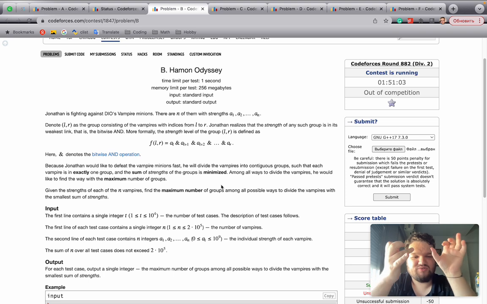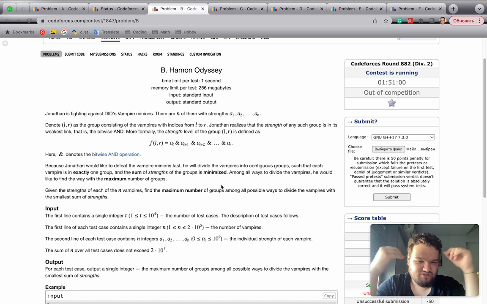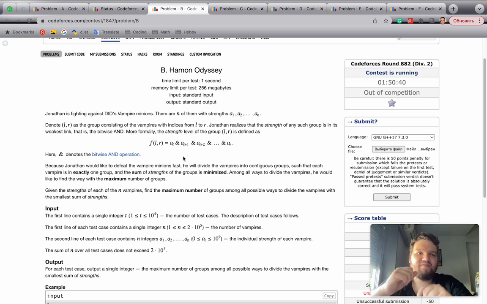So if we have two segments and then we merge them into one segment, the value of AND will be not bigger than both of the previous values, and so that means that one of the optimal solutions would be to just not do any splits, just have one segment, and the sum of values would be just the AND of the whole array.